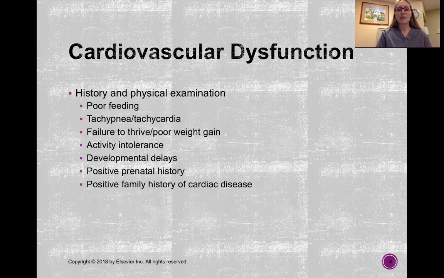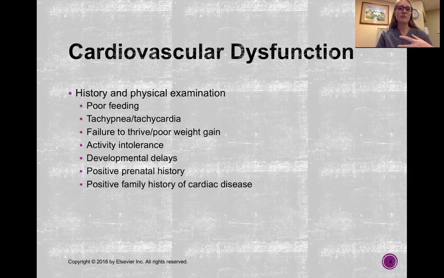The failure to thrive is a characteristic of infants. Activity intolerance, developmental delays, positive prenatal history. So if we know that they had a cardiac defect when they were born, then they still have that cardiac defect, and a positive family history of cardiac disease. So if there's a history, then it's probably going to continue.